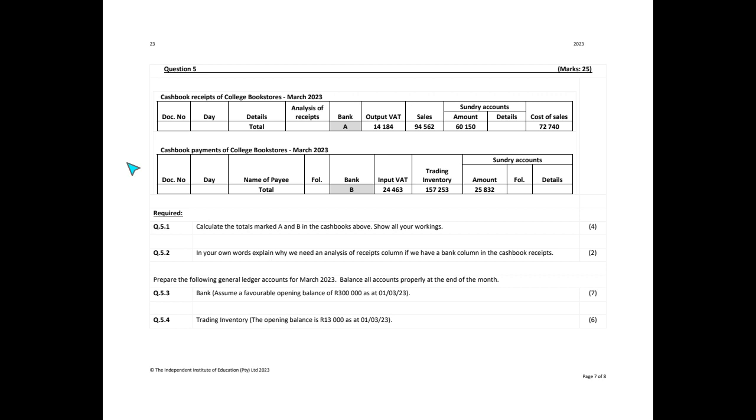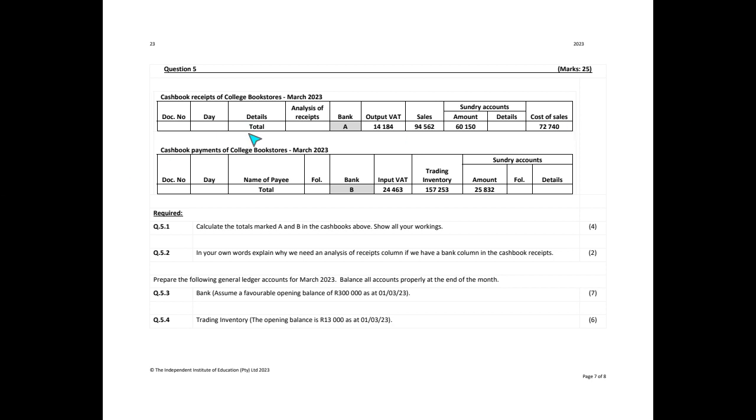Then question 5 is our last one. So here they've given us a cash book receipts of a company, and this line of rand values that they've given us are the month-end totals.